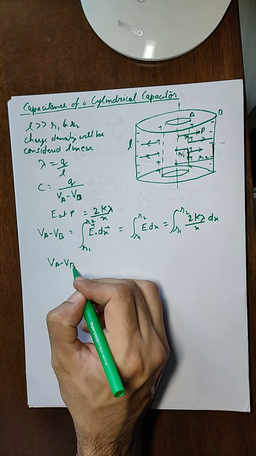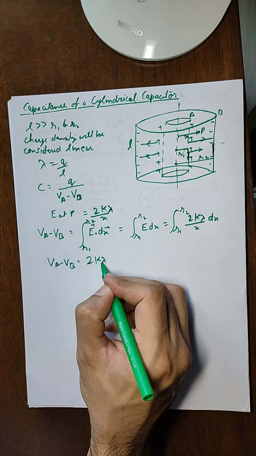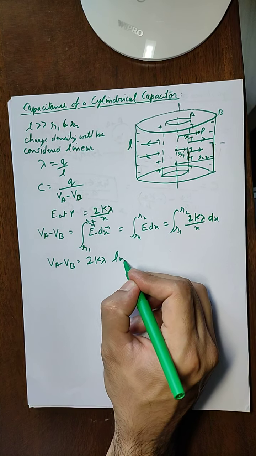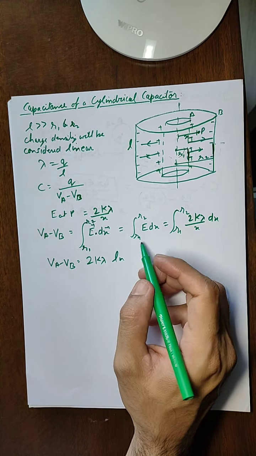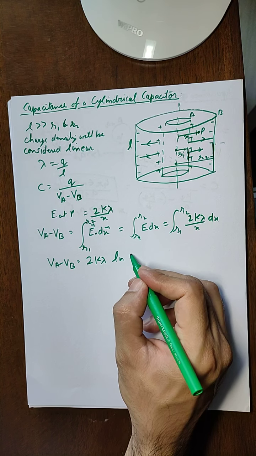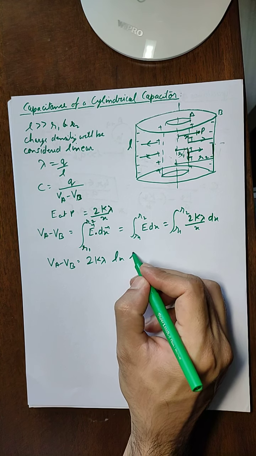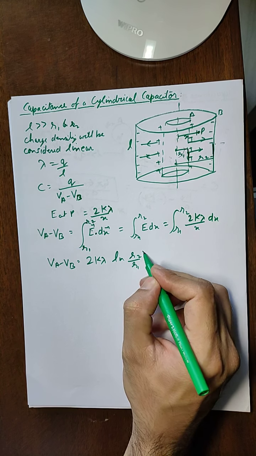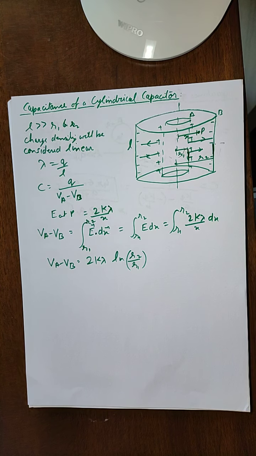So VA minus VB, using the formula for the integral of 1 by x, will be 2k lambda times log of R2 by R1 after applying the limits. This will be our expression for the potential difference between the two shells.